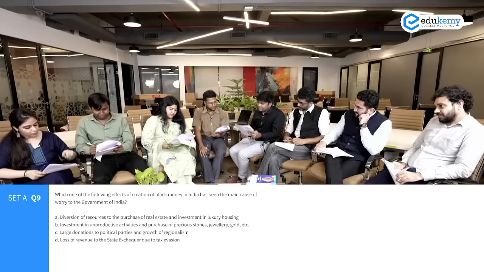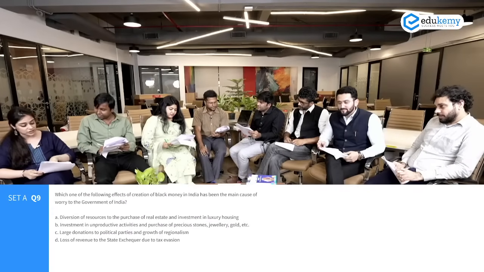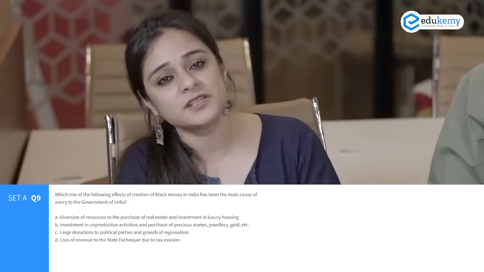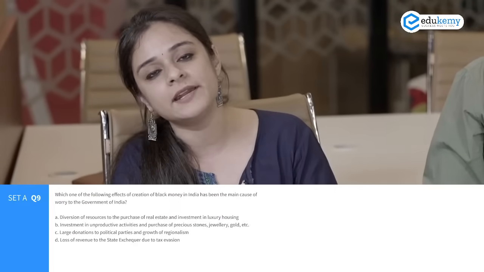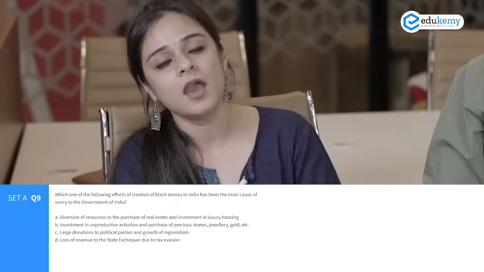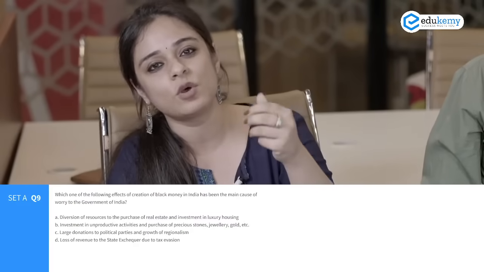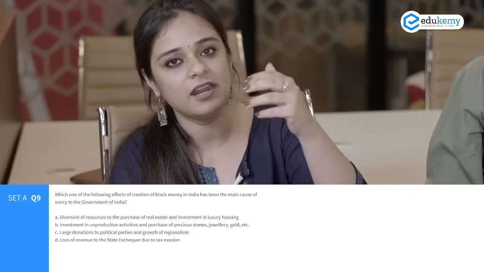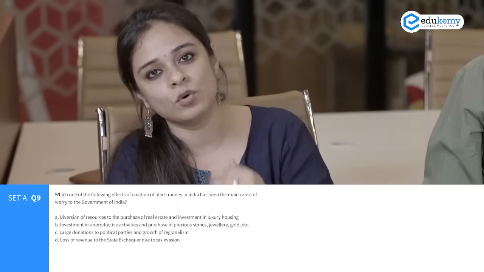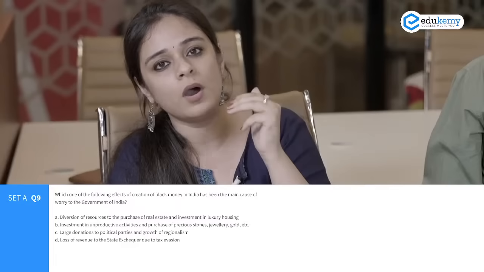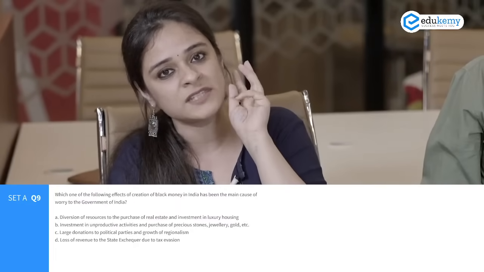One thing I would like to highlight in this question is that all the four options are very closely related. Students would have definitely come across a little trouble in solving. But one suggestion while solving such questions is that whenever all the four options are very closely related, you should go with the option which has the most severe effect.